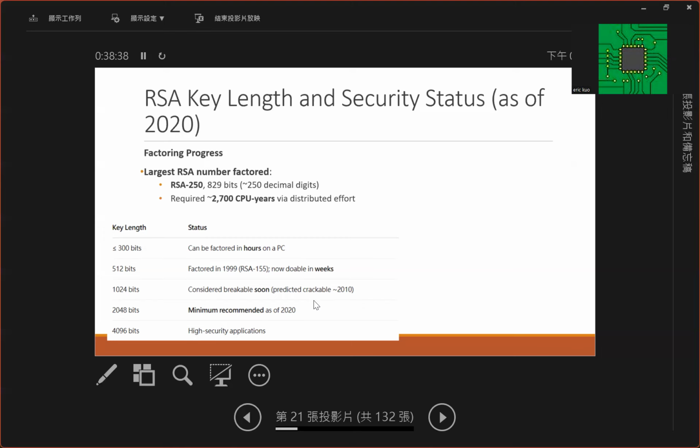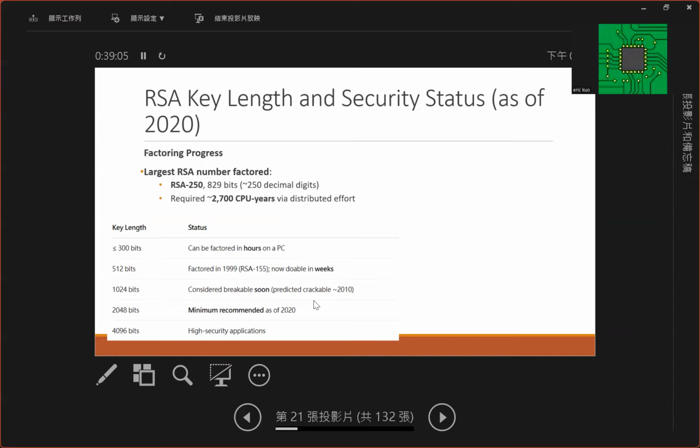So RSA is safe if and only if factoring is hard, meaning that factoring cannot be done efficiently using a classical computer. For example, I think the largest RSA number factored is 829 bits. It's almost 250 decimal digits, and it required about 1,000 CPU years to run.